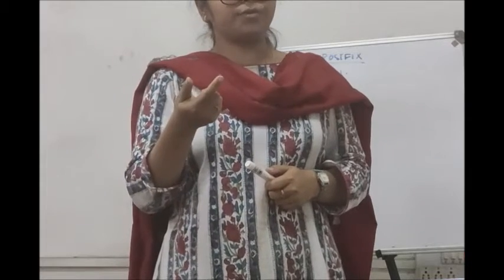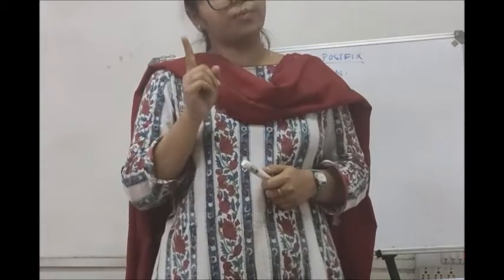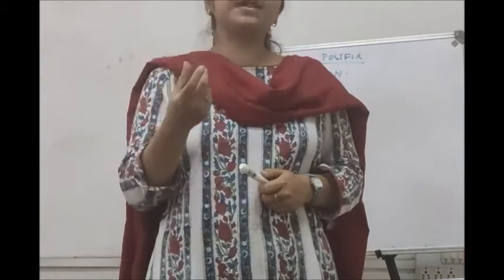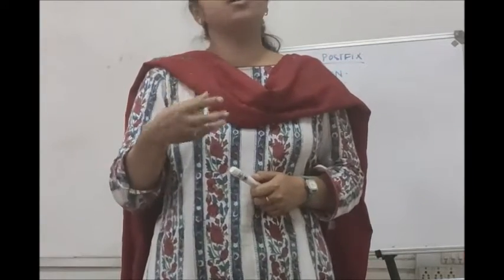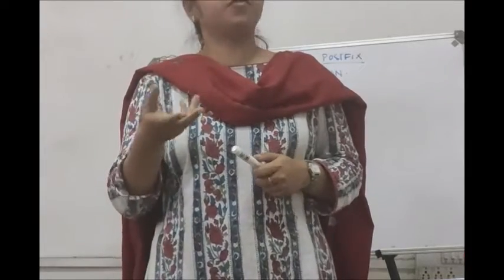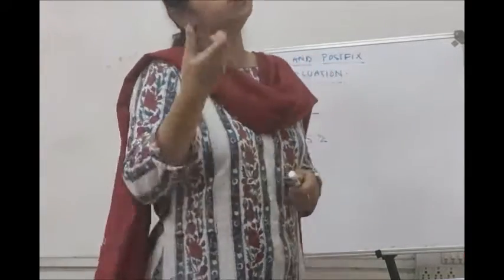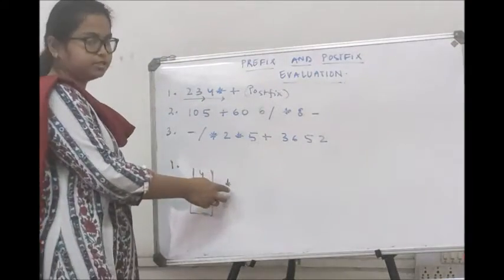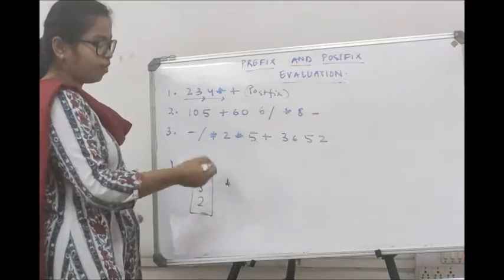If it's a unary operator, it requires only 1 operand, so we pop 1 operand. Since star is a binary operator, we have to pop 2 operands.